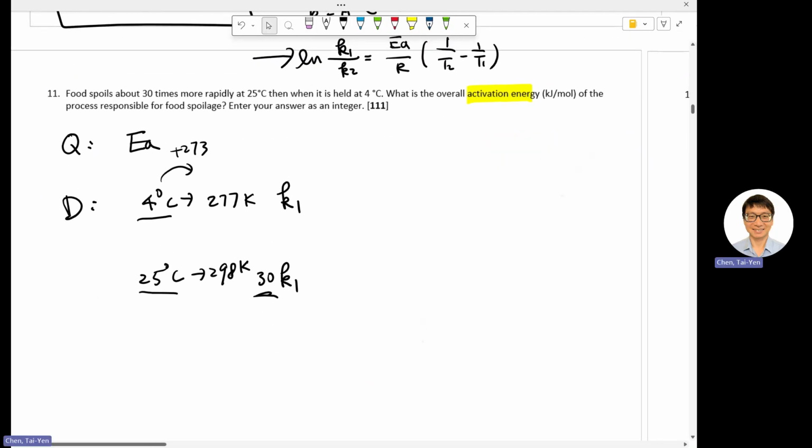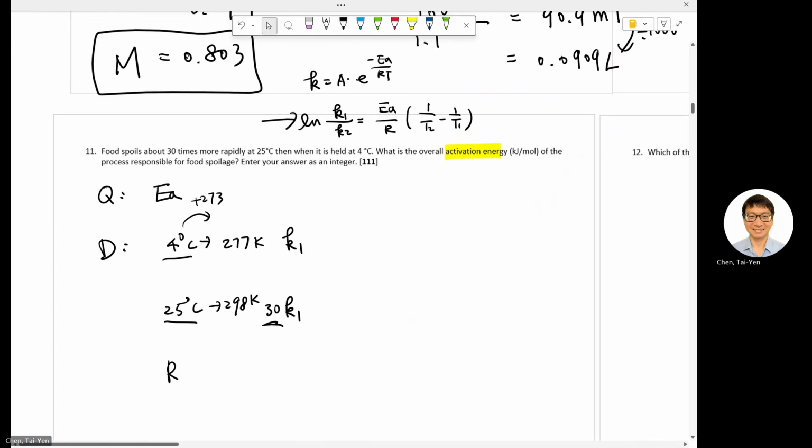What's the R you should use? Yes, 8.314. How do you know it's 8.314, not the other? It's not gas. It's all very simple. If you understand some simple concepts, then you won't confuse yourself.